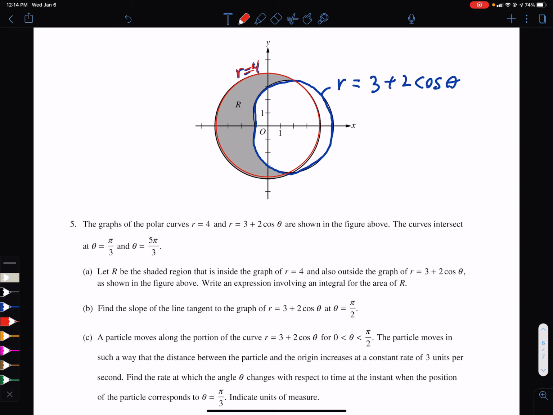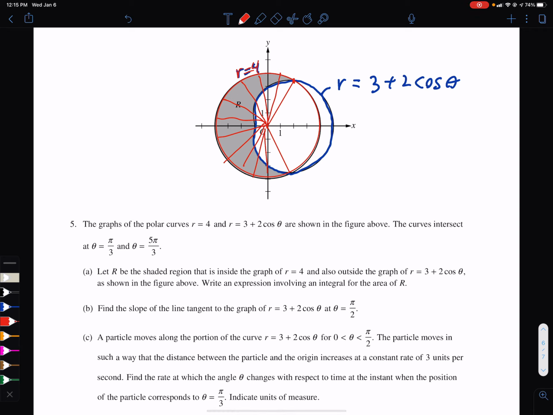So part A, they want R, that shaded region. The way I'm going to do this, I'm going to take the area of the red part, and then subtract the area of the blue part. And remember, areas in polar form are found through angles. So I'm going to start with that angle and stop there.